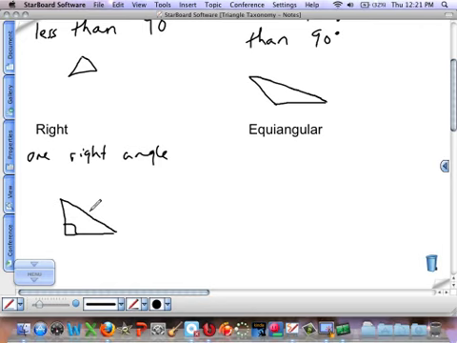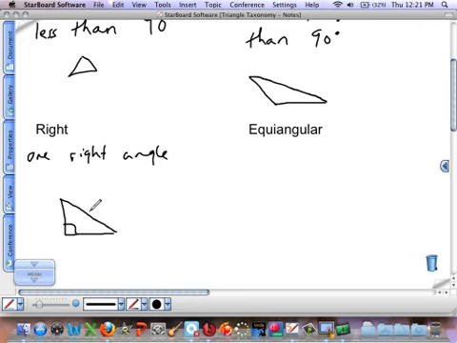Can a triangle have more than one right angle? Why not? Because two right angles would be 180. There we go. Now, if we leave planar geometry, that statement is no longer true.